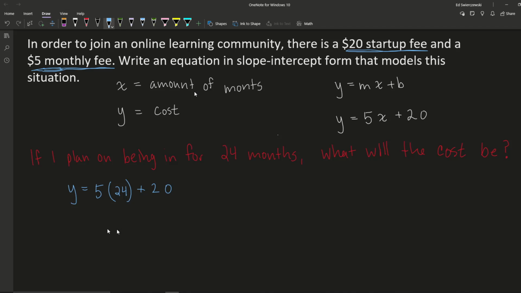So this is going to be 5 times 4 is 20, and 5 times 20 is 100. So this is going to be 120 plus 20, and that is going to be 140. So it will cost me $140 to be in this online learning community for 24 months. So that's a 2-year period.